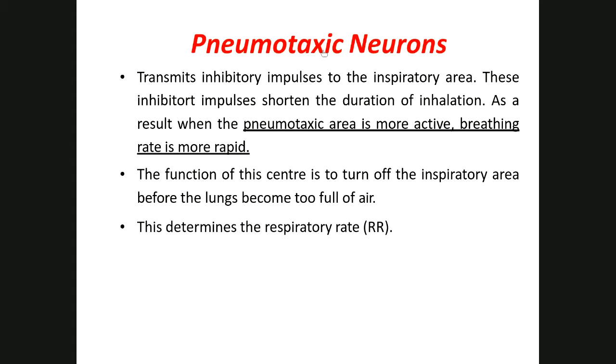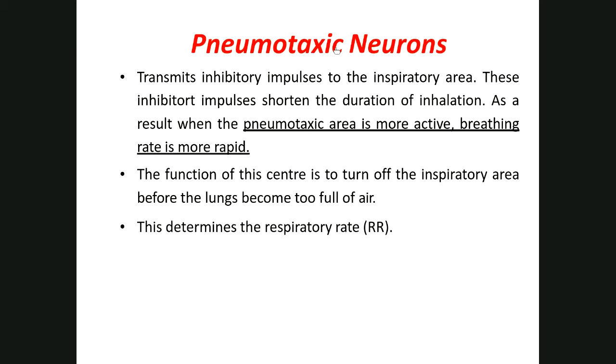So when the pneumotaxic neuron center is more active, this means inhalation is going to become shorter, which in other words, the breathing is going to become more rapid because each cycle of breathing is shorter.